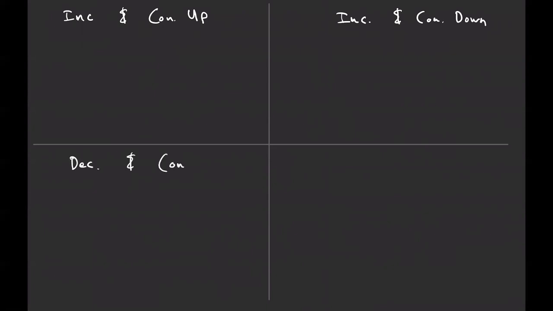So let's say that I am increasing and concave up. Let's say here that I'm increasing and concave down. Let's say I'm decreasing and concave up. And let's say I am decreasing and concave down.